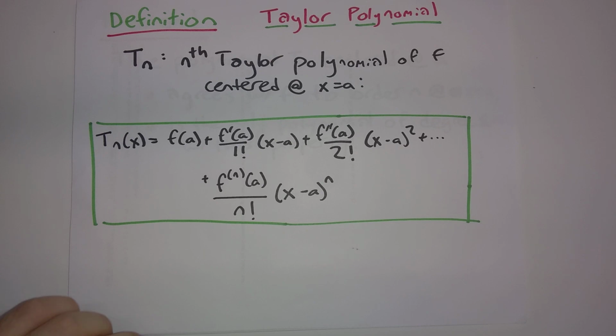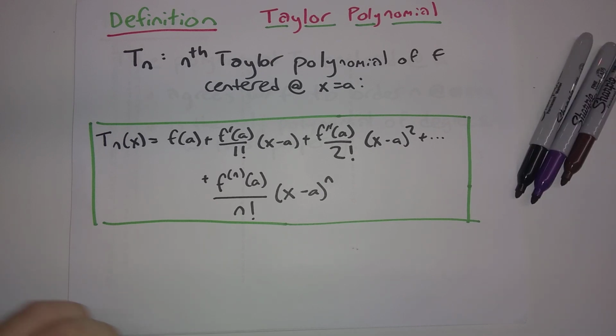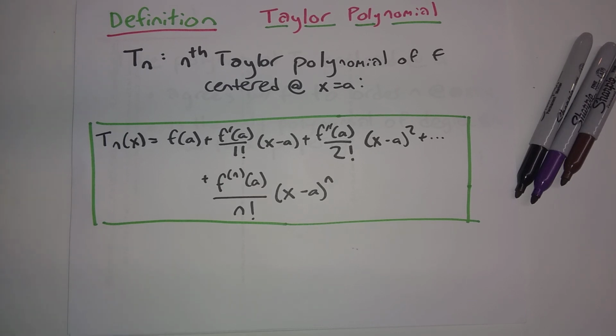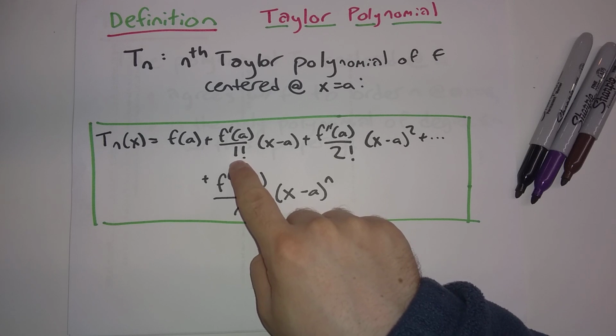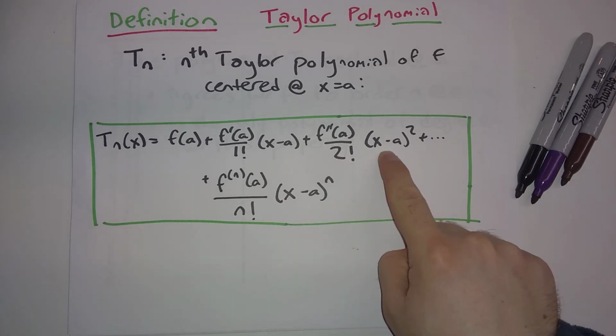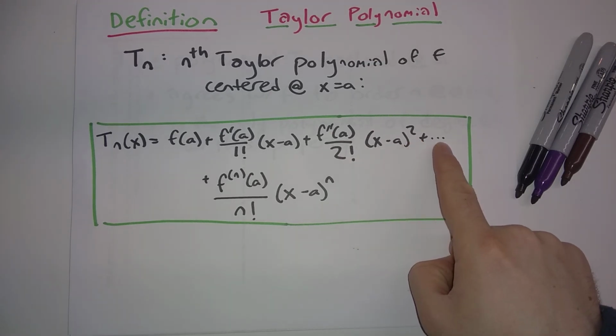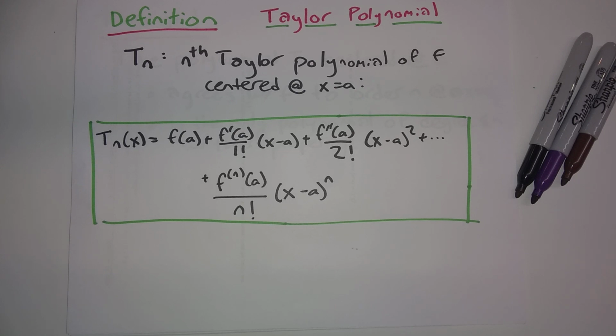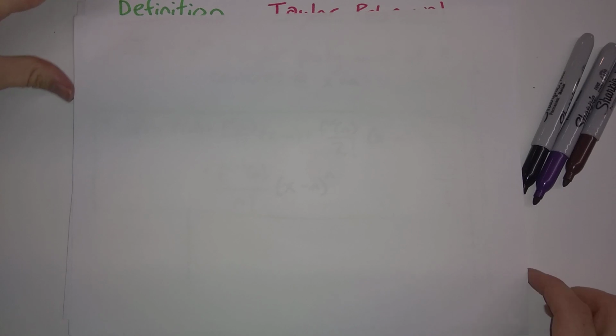T sub n is going to be the nth Taylor polynomial of f centered at x equals a, and we're going to define that as T sub n of x is f of a plus f prime of a divided by 1 factorial times x minus a plus f double prime of a divided by 2 factorial times x minus a squared plus f triple prime of a divided by 3 factorial times x minus a cubed, all the way out to the nth derivative of f evaluated at a divided by n factorial times x minus a to the nth power.